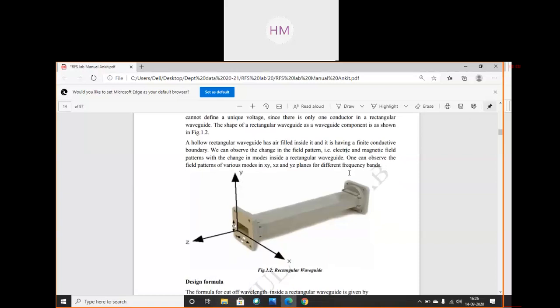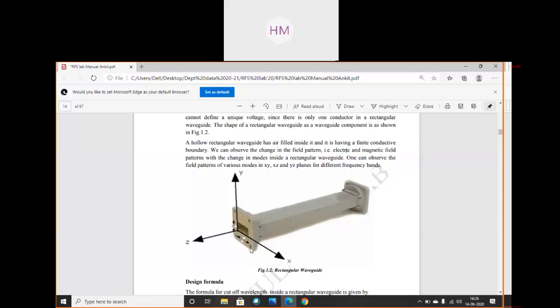A hollow rectangular waveguide has air filled inside it. This is a hollow rectangular waveguide placed on the Z axis right now. See this, the width of this is the inner width.